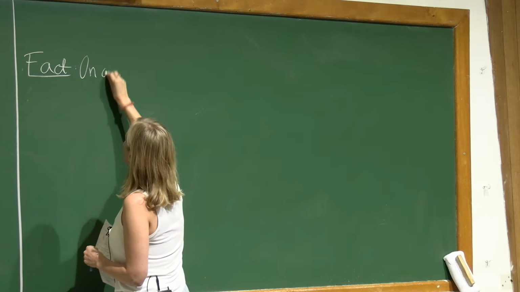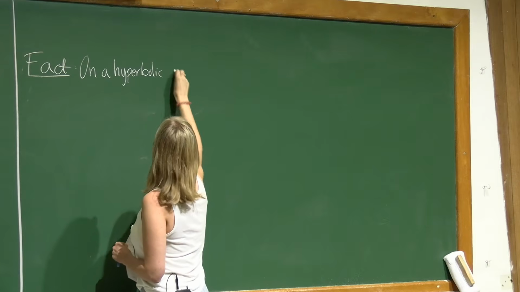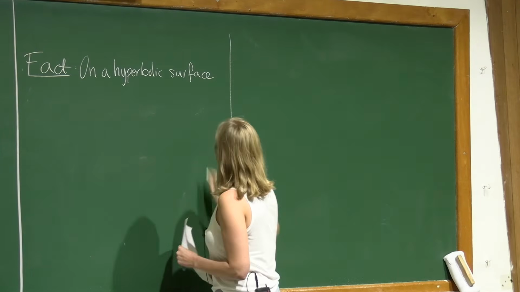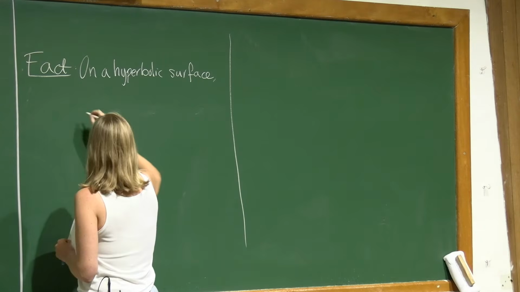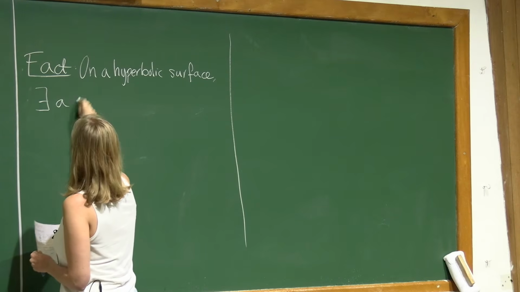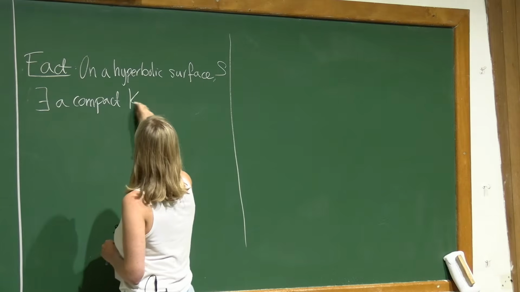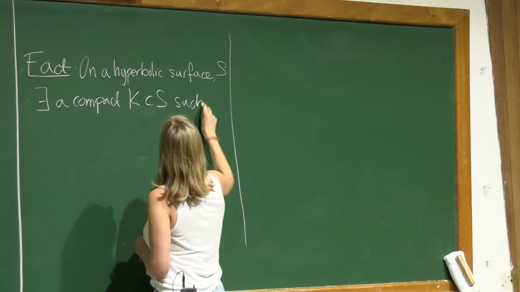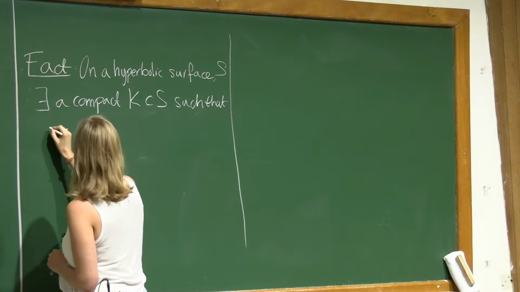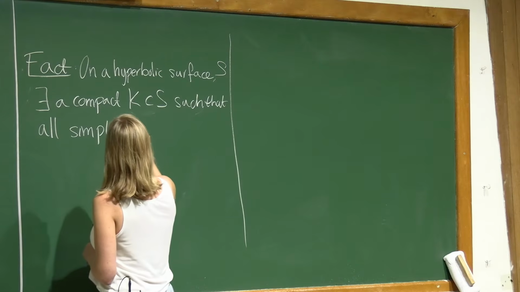On a hyperbolic surface, not necessarily a torus, anything, there exists a compact subset such that all simple closed curves, or geodesics, stay in that compact subset.